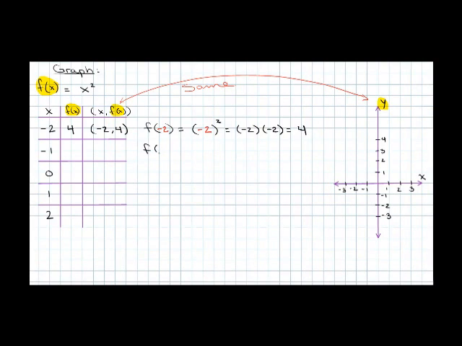Okay, let's do f of -1. f of -1 is going to just be -1 squared. And -1 squared is just -1 times -1, which is going to give me a positive 1.